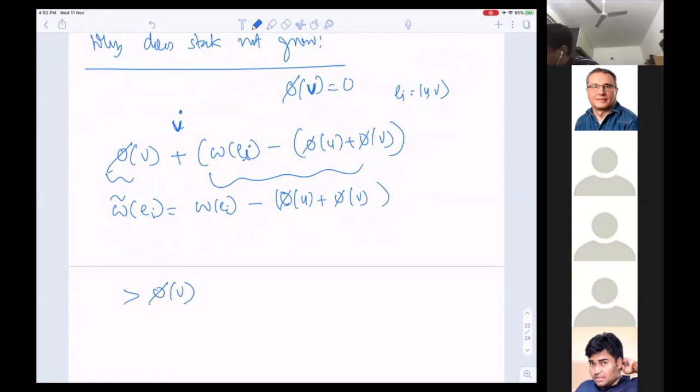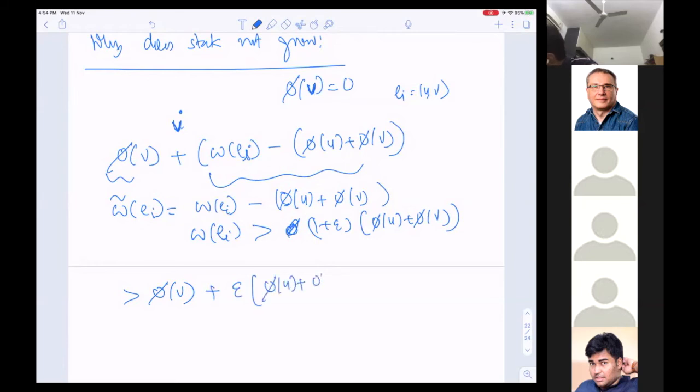Because the weight of e_i is greater than or equal to 1 plus epsilon times phi u plus phi v. This also we know. Then I can definitely say that the weight of this minus this is at least epsilon times phi u plus phi v.